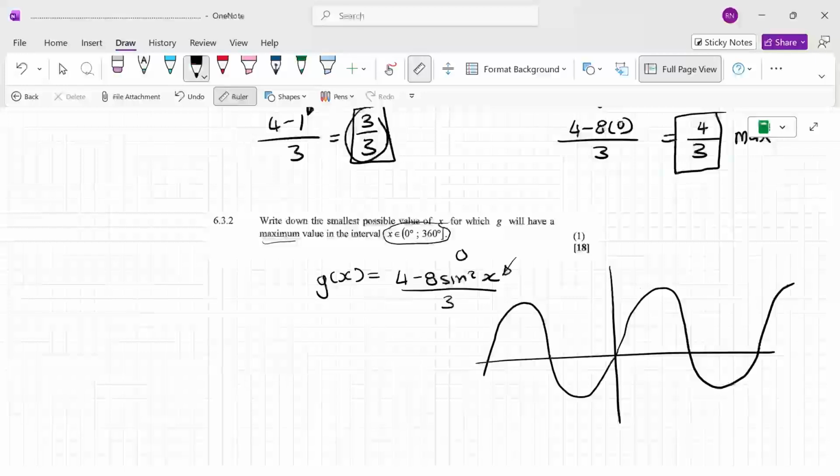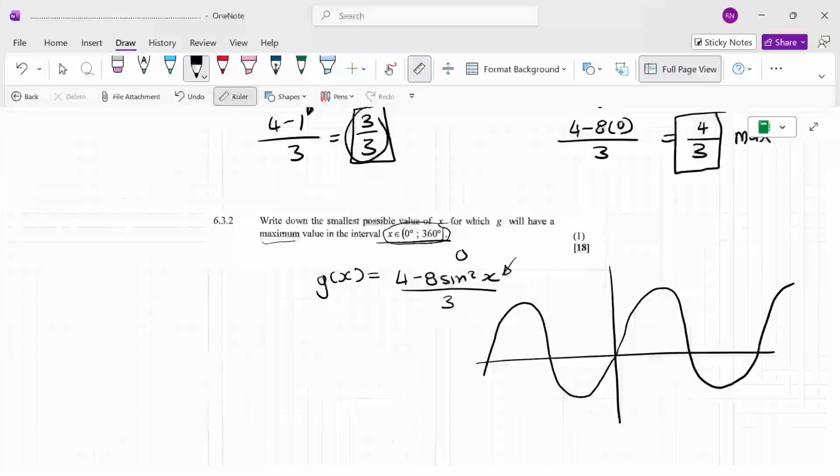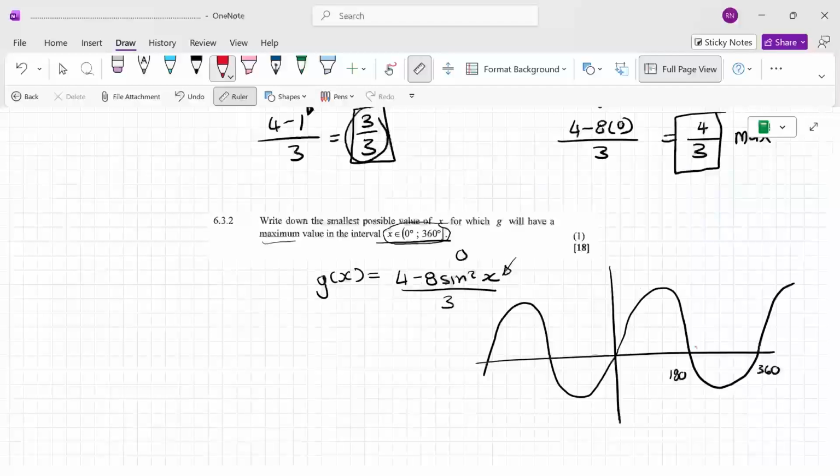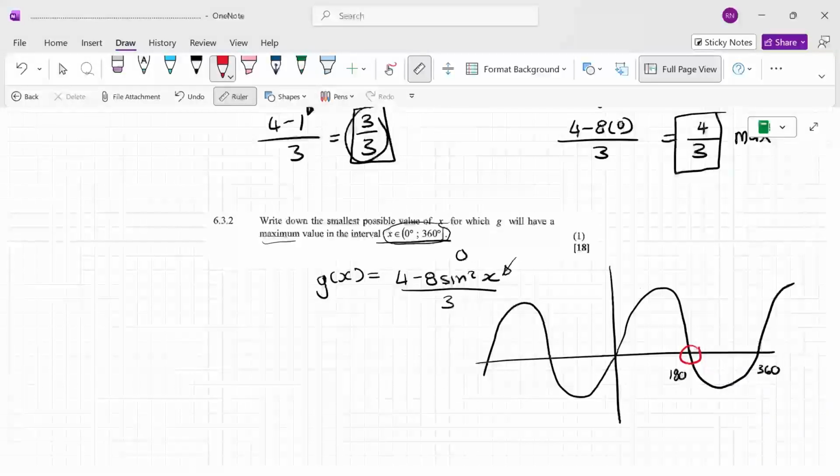So where will this happen? Between 0 and 360, but not including 0. What is the smallest value of x? We can see that it crosses at 180 and 360. So they are asking from 0 to 360, where are we going to have g of x be a maximum?